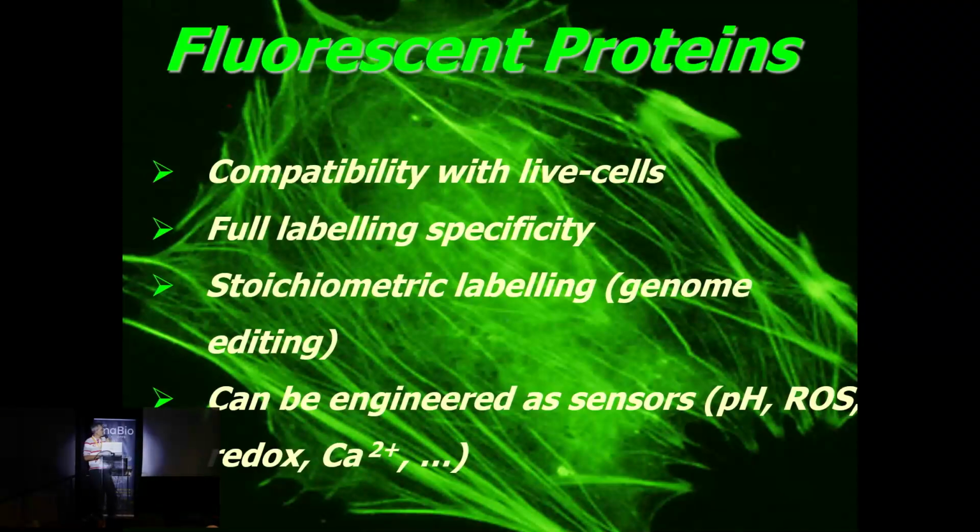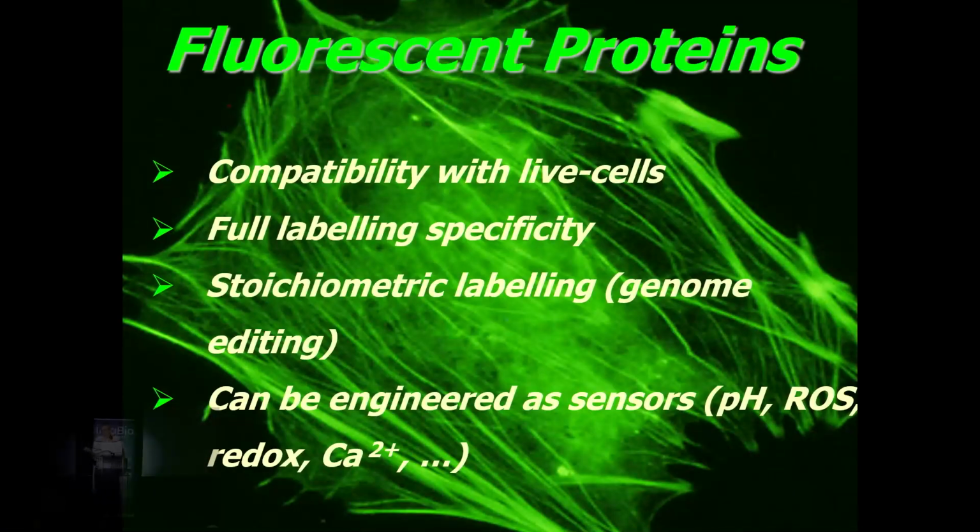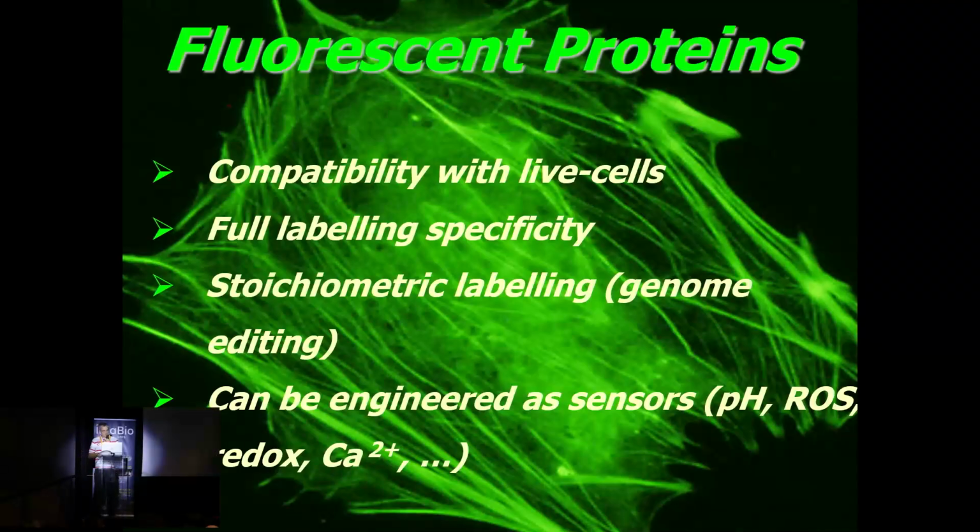The labeling specificity is near perfect, because of the idea of using fusion genes. There is essentially no non-specific labeling unless you get something weird like protease breakage, but usually it's very high specificity.